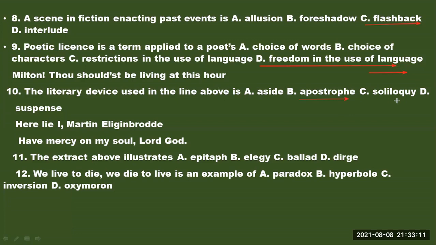Soliloquy is where a character is thinking aloud, just saying something to nobody in particular, saying something to himself, so to say.